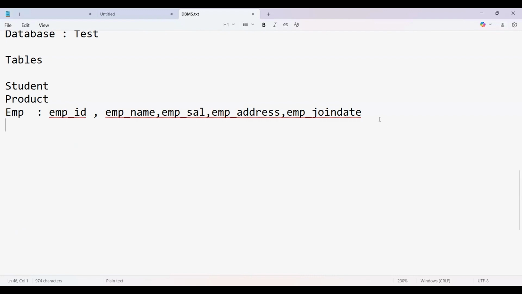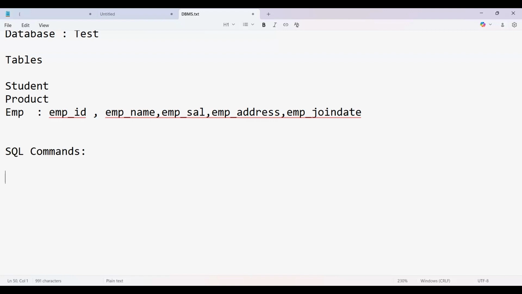So what is the SQL language? How can we access and manipulate the data inside the table? By using SQL language, we can use some commands, SQL commands.